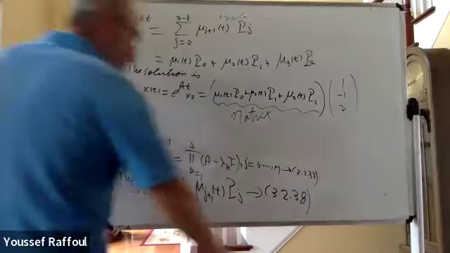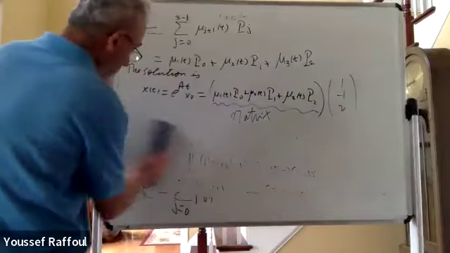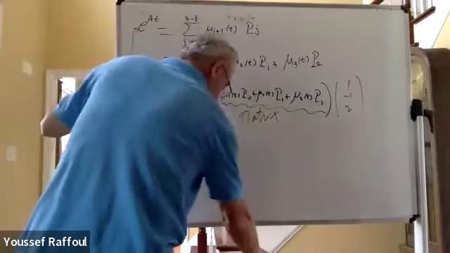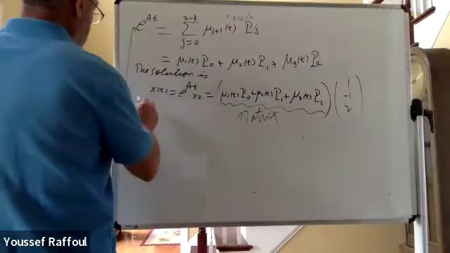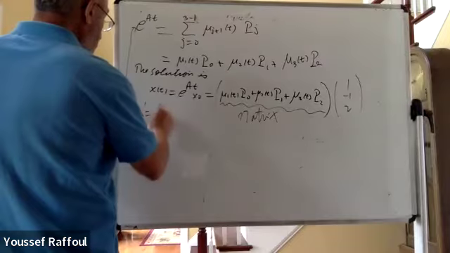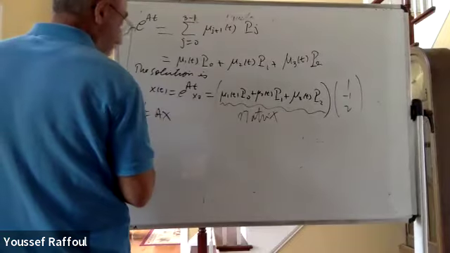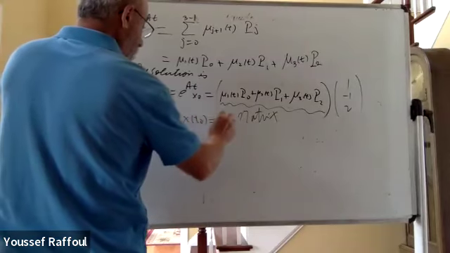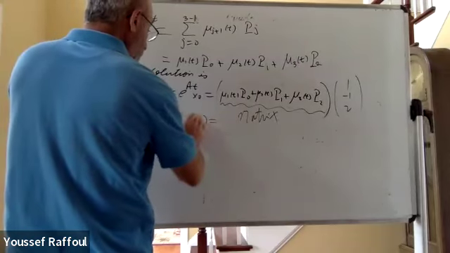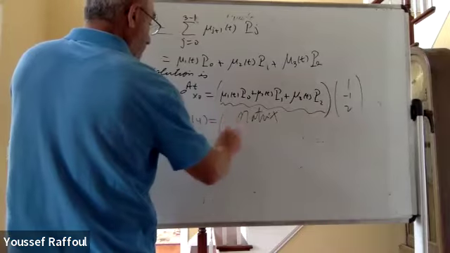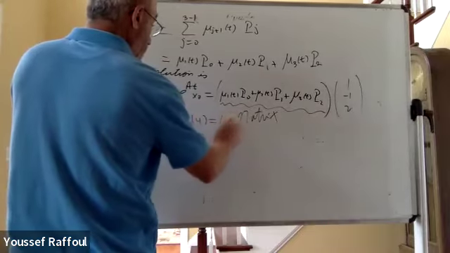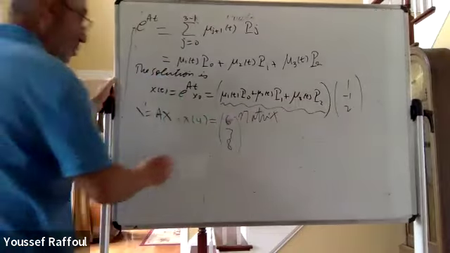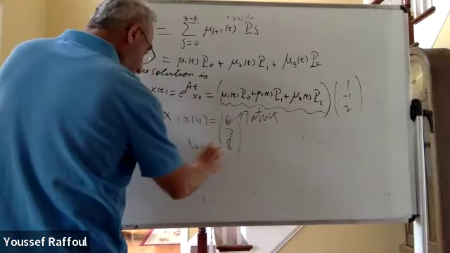Now, this is hypothetical. What I'm going to write next is dangerous. Let's take x prime equal ax, right? And x of t naught equal to, let's say, x of 4 equal 6, 7, 8. So basically, t naught here is 4.